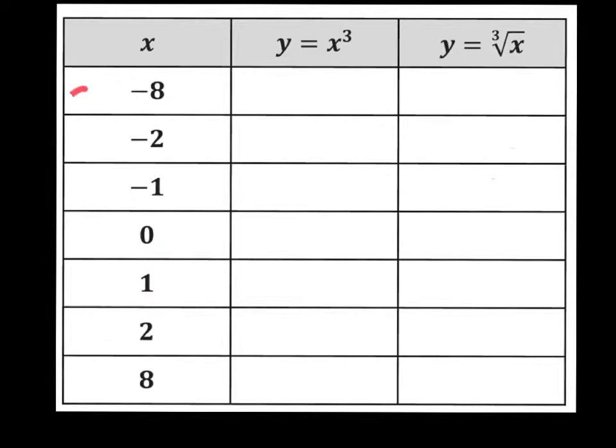If I start with -8 and I cube -8, that means I'm multiplying -8 times -8 times -8. What do I get back? -512. What is the cube root of -8? Porter already did it. The answer is what?